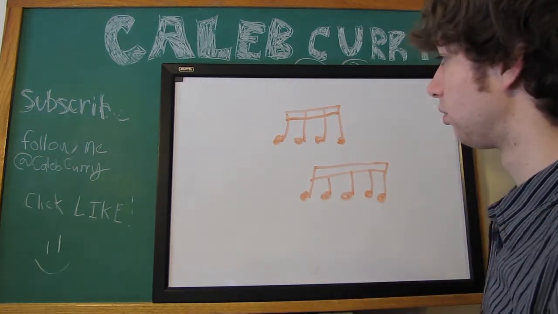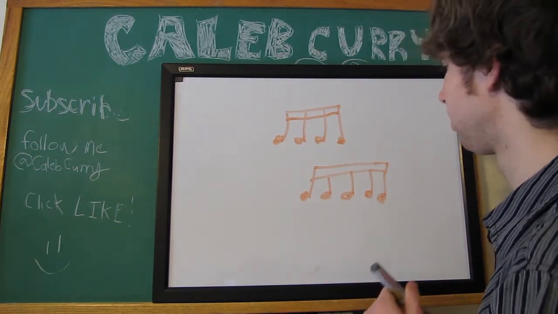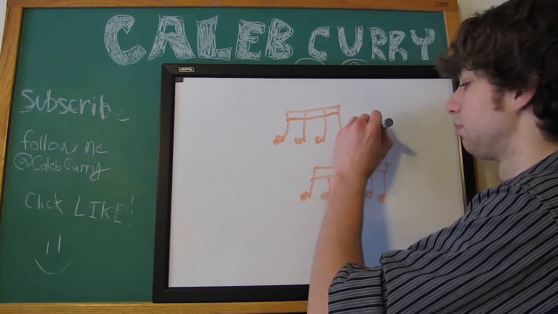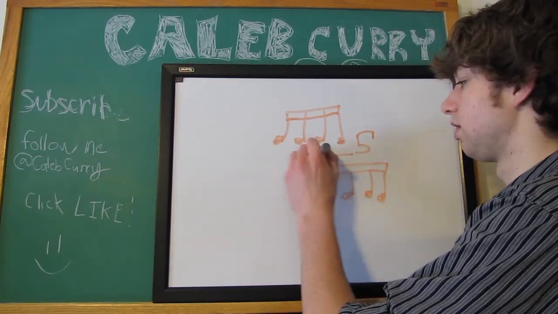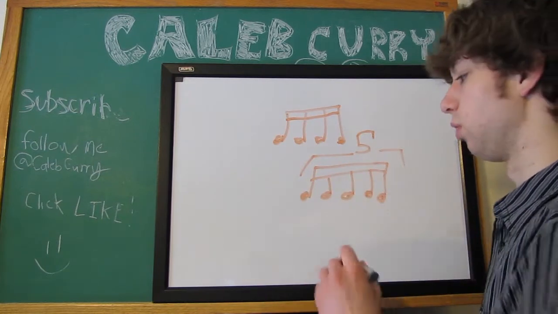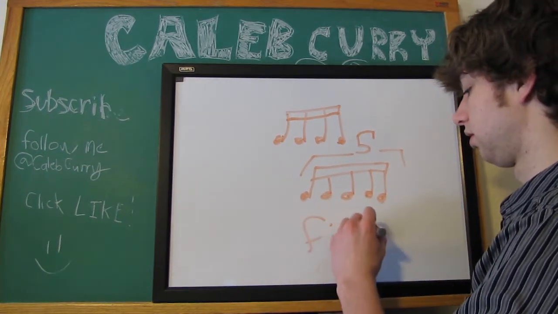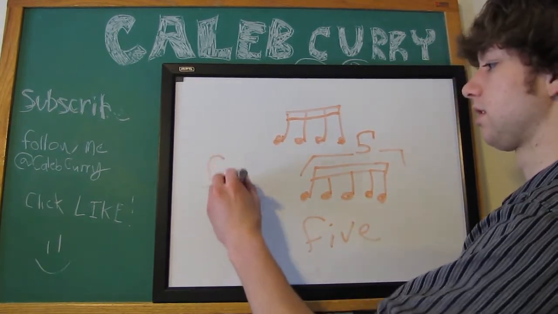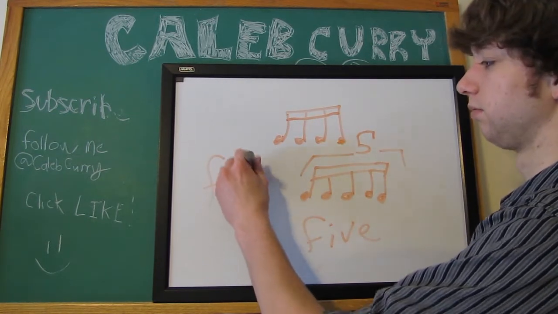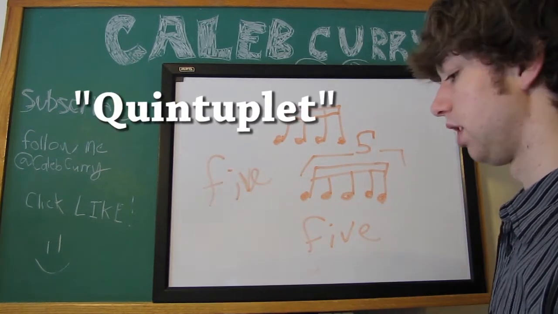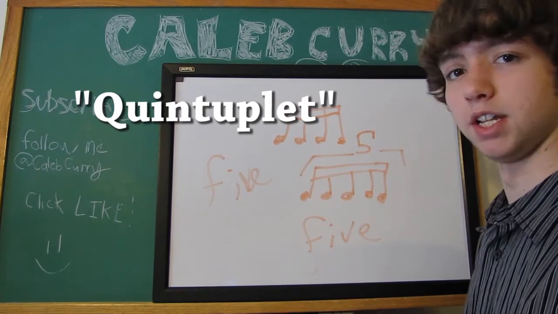So now, rather than 4 notes in a beat, we have 5. We put a little 5 above it, and you can call them fives, or you can call them 5 tuplets. There's probably another proper name for them, but that's an example of a tuplet.